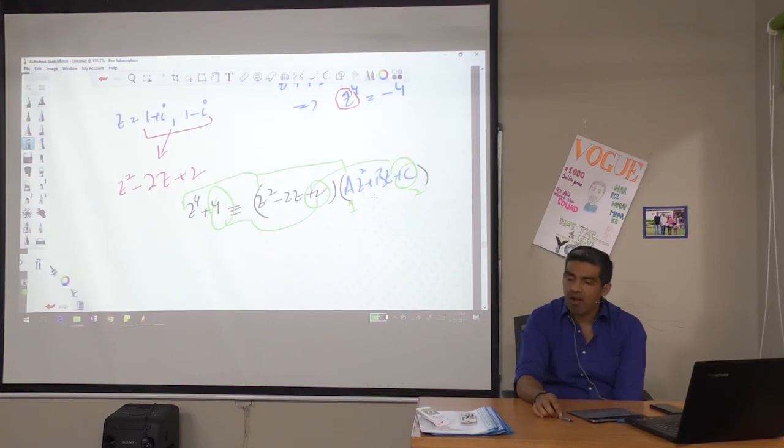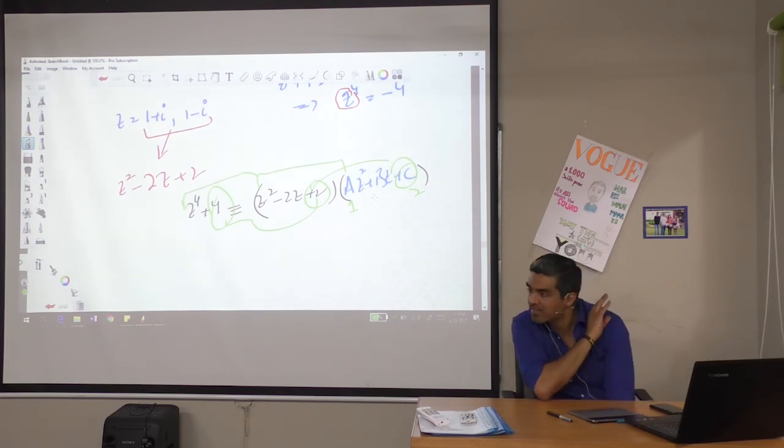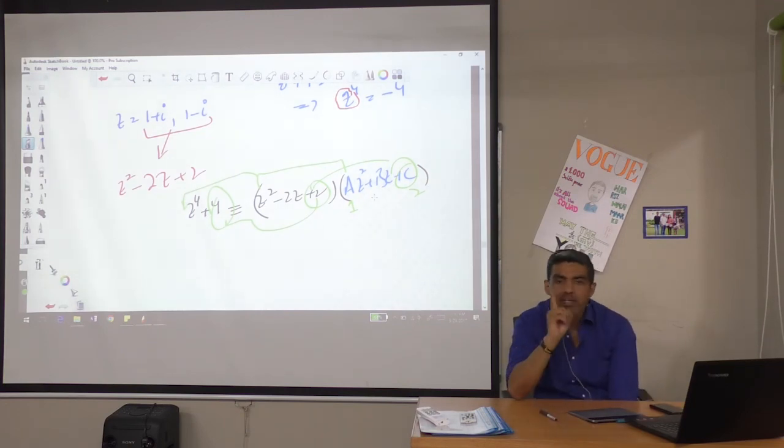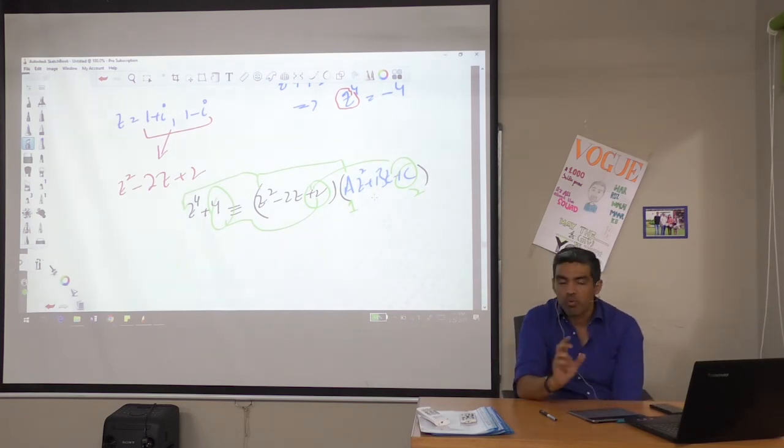For b you will have to make an expansion, but you don't have to expand the two brackets completely. You don't waste time doing that. You've done this in the first chapter of polynomials. You just have to expand one term. You can decide whether you want to go with the z squared term or the z term. You just multiply those terms that give you a z or a z squared, whichever you choose, and compare it with the left to get the answer. Do you want to go with the z squared or the z?